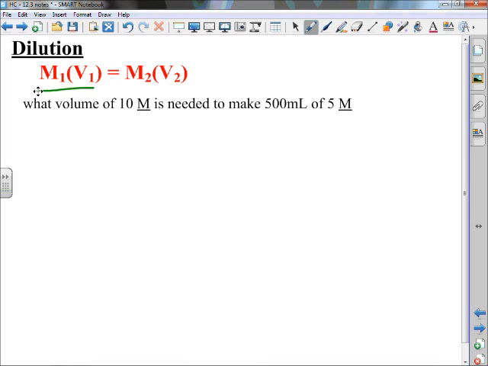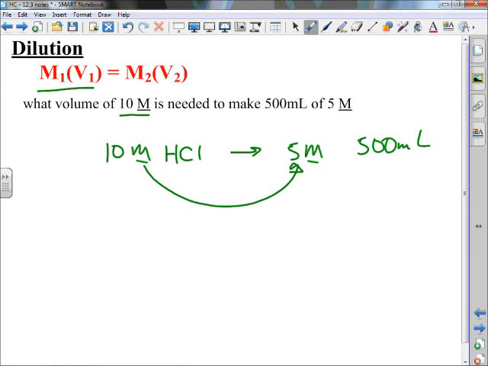So here's an example. Let's say I want to take 10 molar HCl, fairly concentrated, and I want to dilute it down to 5 molar, and I want to make 500 milliliters of it. So what am I going to do to figure this out? Well, if we just process it in our heads, I need to take 10 molar down to 5.